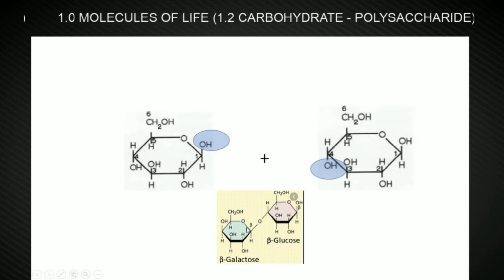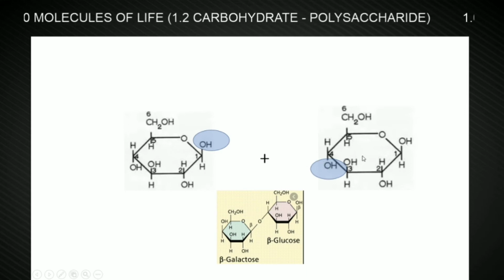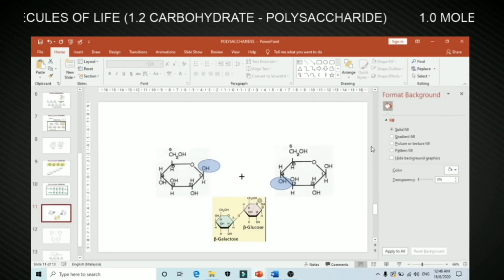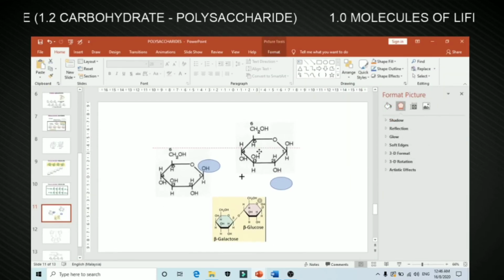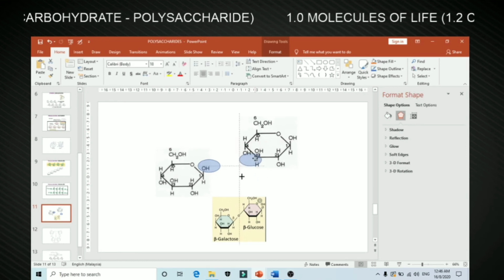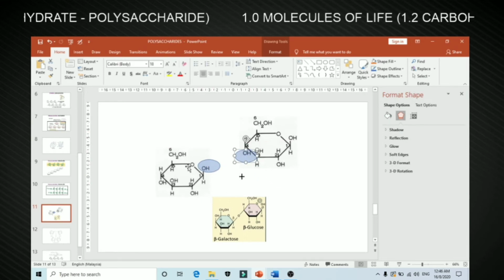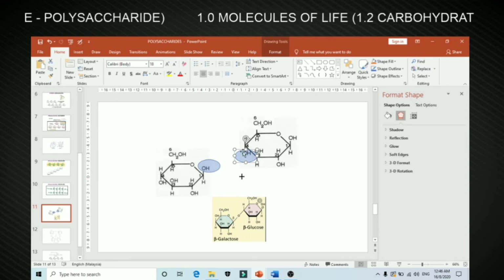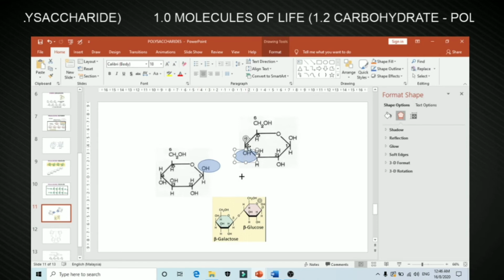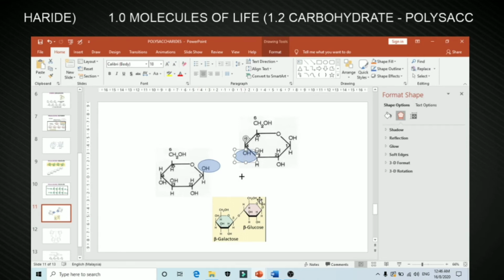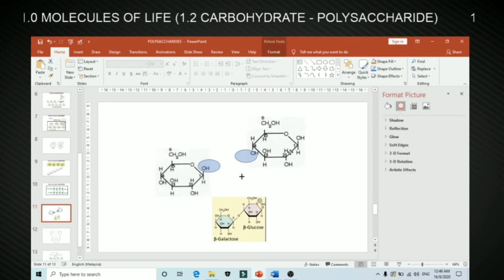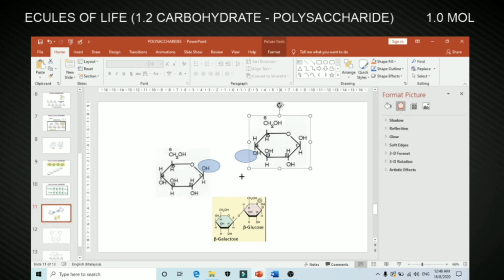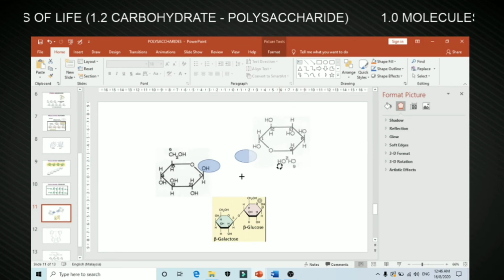So either this beta glucose is carried to upside, so that the reaction can occur between this hydroxyl group of carbon number 1 and the hydroxyl group of carbon number 4. So it will bring the step-like structure. Or the structure of beta glucose is being rotated downward.